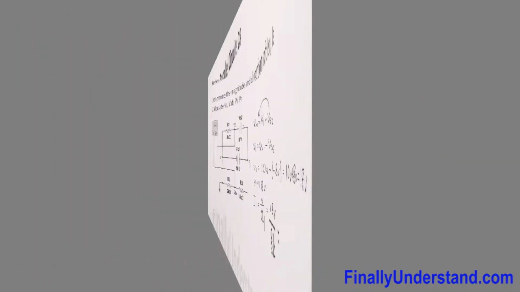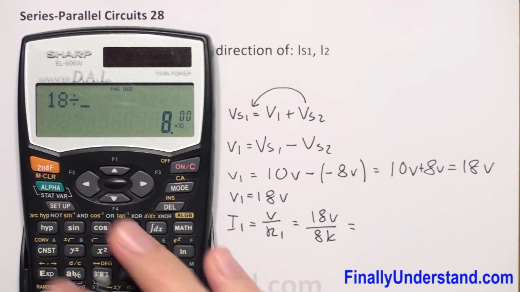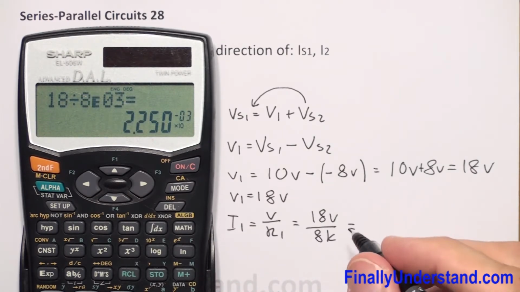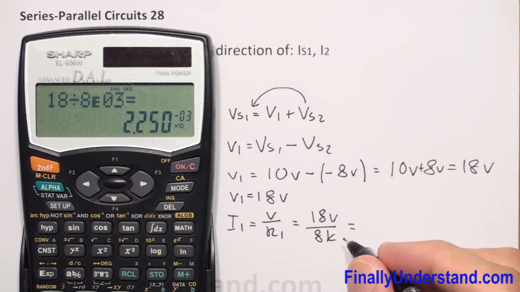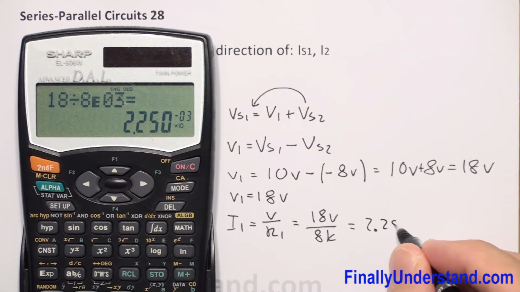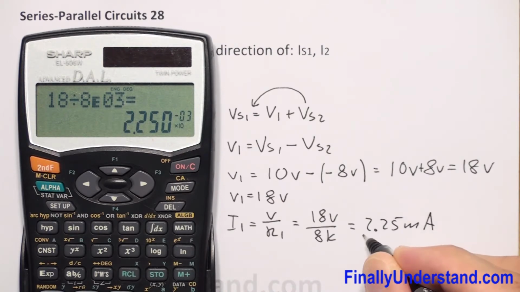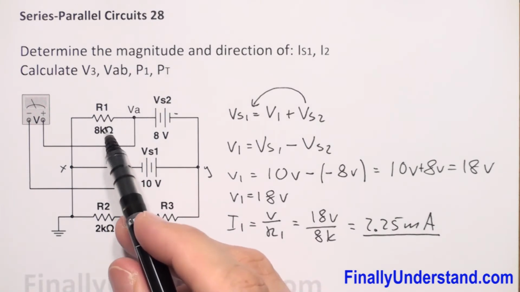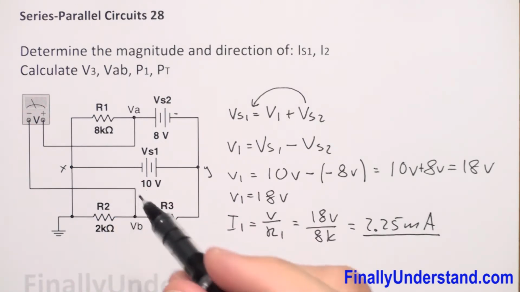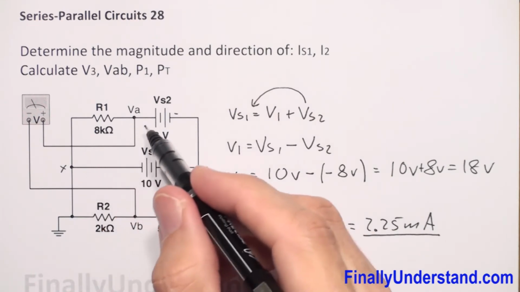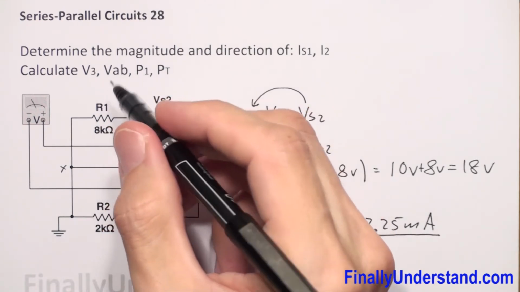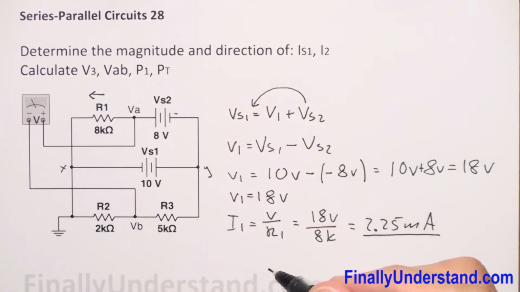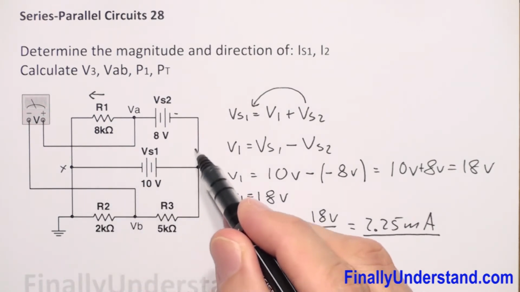This is equal to 18 divided by 8 times 10 to the 3, which is equal to 2.25 milliamps. So this is my current which goes through this resistor. And in which direction is the current going to flow? The current is going to flow in this direction. This is going to be my I1. The current is going to go this way.